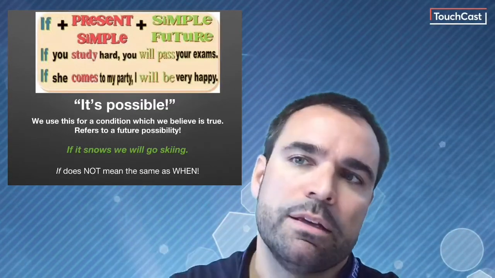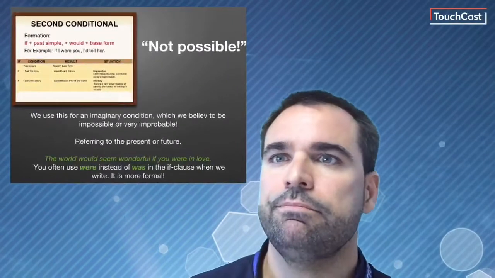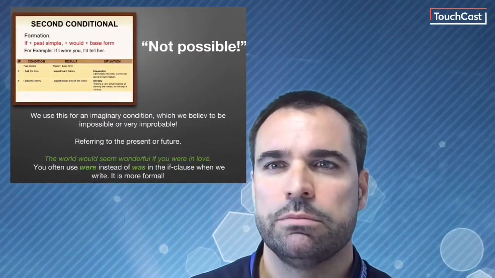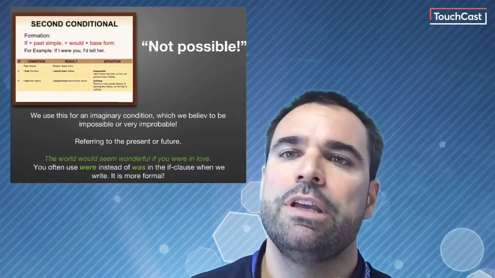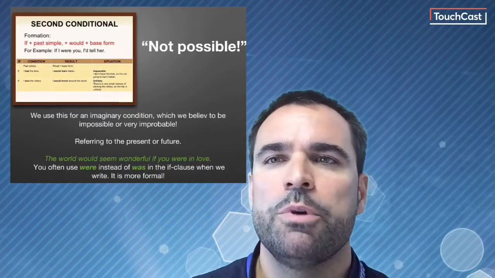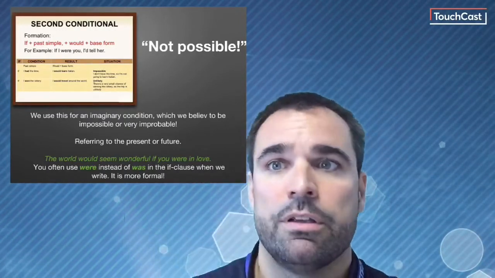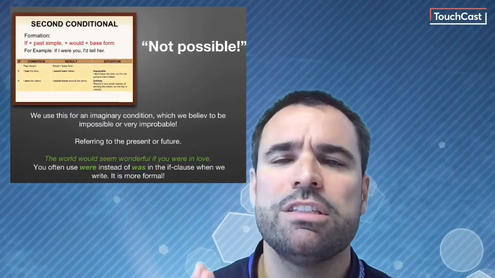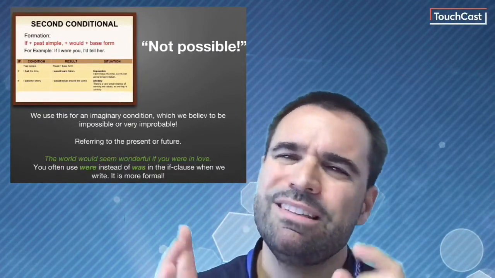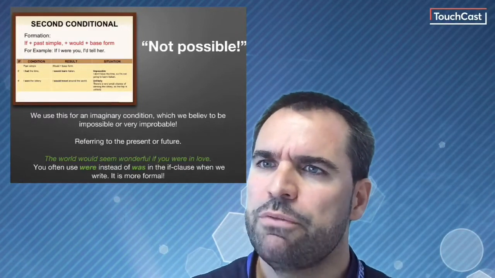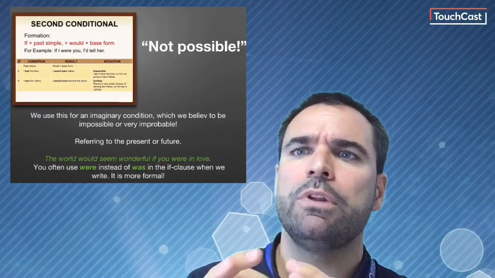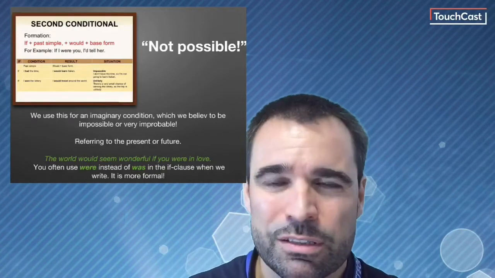Second conditional. It's not possible. It's improbable, impossible. We use this for an imaginary condition, which we believe to be impossible or very improbable. In the present and the future, so the world would seem wonderful if you were in love. You're not.